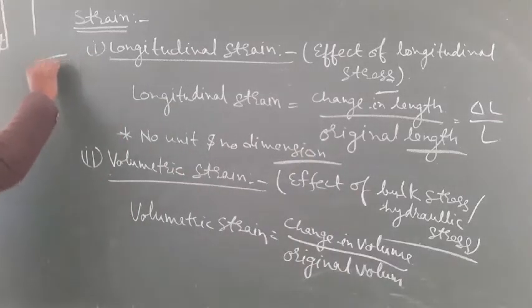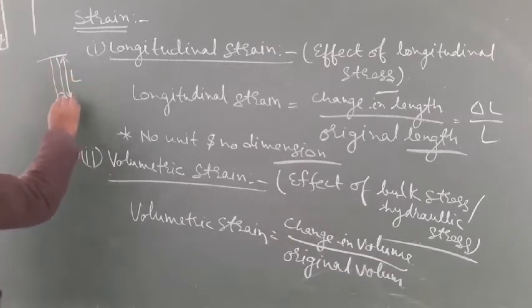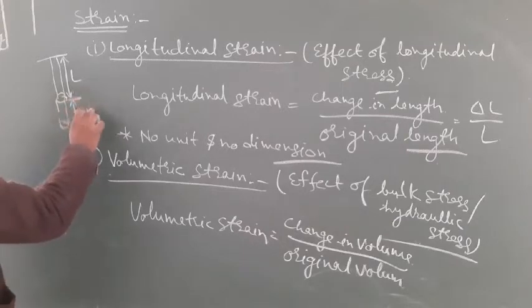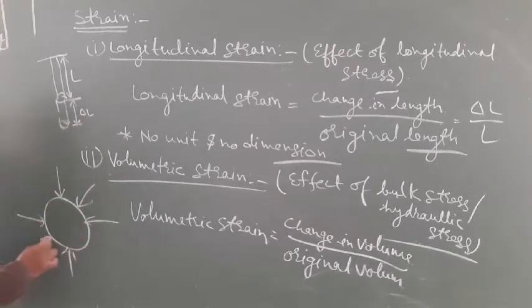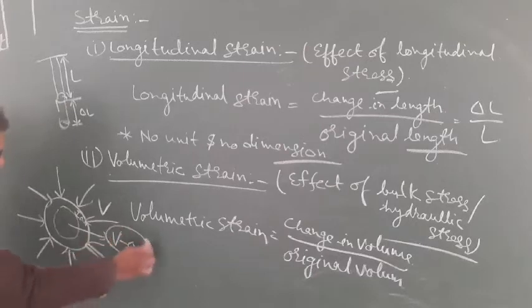Here I am drawing the diagram: suppose this is length L and it has changed to length delta L. So delta L upon L. Similarly, if there is a solid body and you apply a hydraulic or bulk stress on the body from different directions, and the initial volume of the body is V, due to the application of bulk stress the volume changes by delta V, and this will become V minus delta V, meaning the volume is changed.